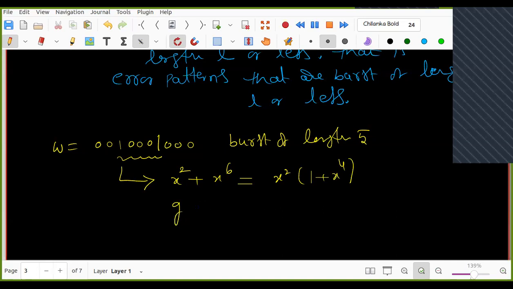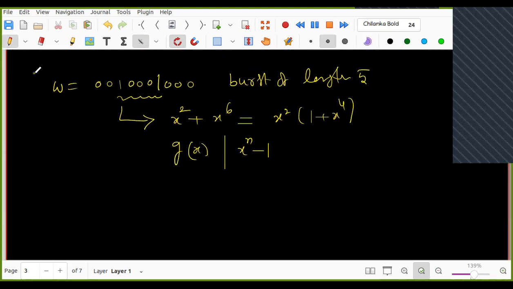But what do you know about g of x? G of x divides x power n minus 1. Do you remember that? Let us call this polynomial W of x, corresponding to this word W. So what is the GCD of G of x comma W of x?